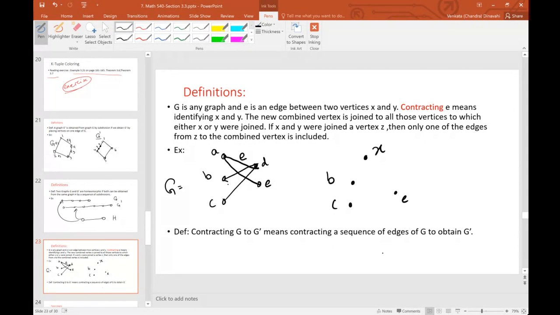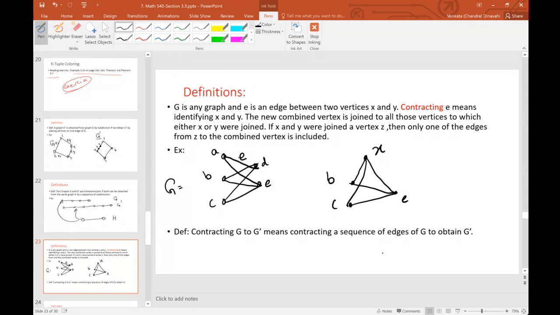Okay, let us add these two also. This is my graph G. So these will be there. Now A is connected to E, so X should be connected to E as well. And D is connected to B and C, so X should be connected to both B and also C. Whatever A and D are connected to, this X will be connected to all of them.